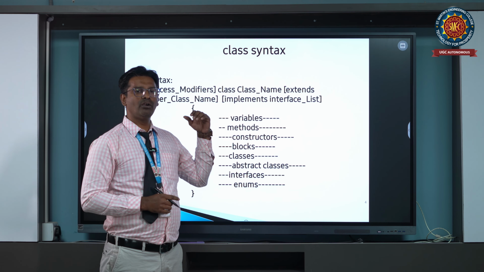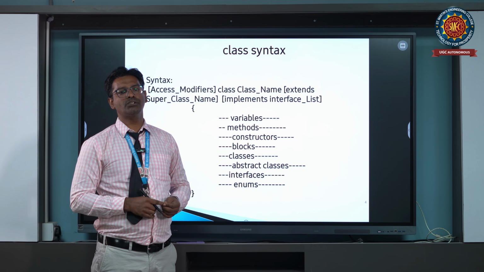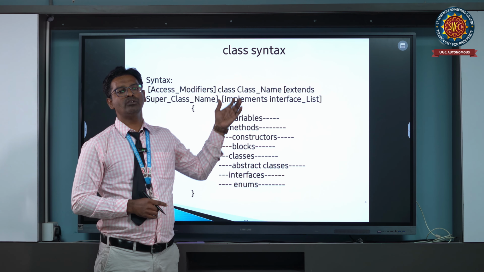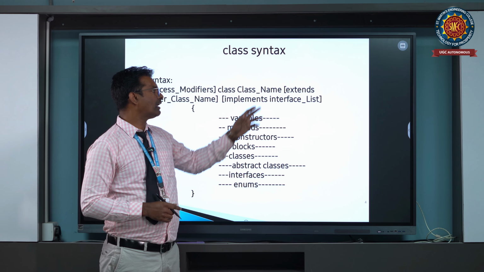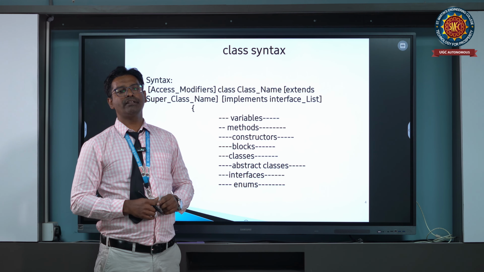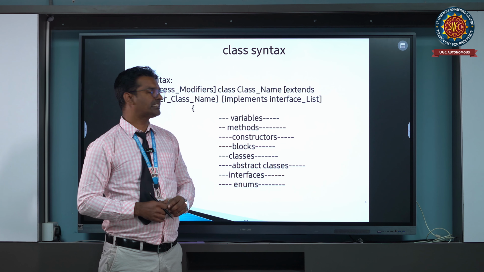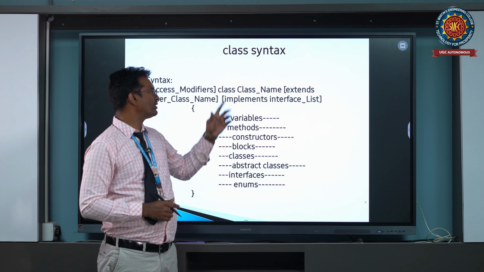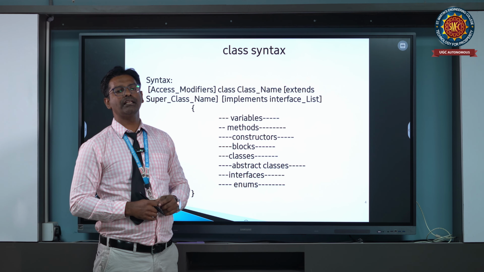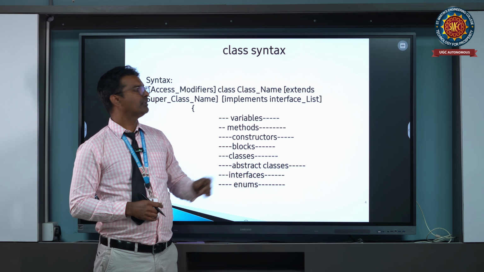If you want to work with interfaces, the classes must use the implements keyword to implement those interfaces. Here extends and implements have a lot of difference. In Java, by using the extends keyword we can extend only one superclass, but by using the implements keyword we can implement any number of interfaces.